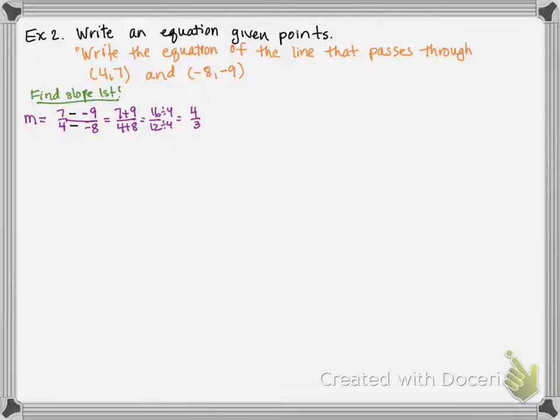We have 2 ways to write this equation in point slope form. We have y, and I'm going to take the first point, minus 7 equals, then I'm going to just get my frame in here.